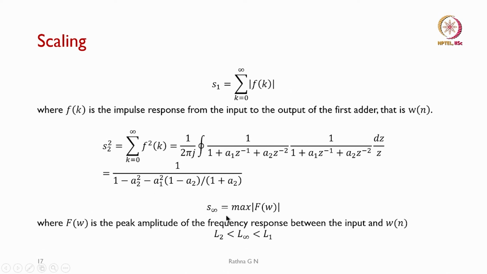And then for L infinity we have to calculate the Fourier transform and then take the maximum of the value, and then went on to show that our L2 norm is the minimum that we can calculate, which is less than L infinity, which is less than L1. Okay. So, we say that f of k is the impulse response from the input to output of first adder. So, that is W of 1 that we take, the magnitude of it, and you have to do summation and then calculate your scaling factor in this.